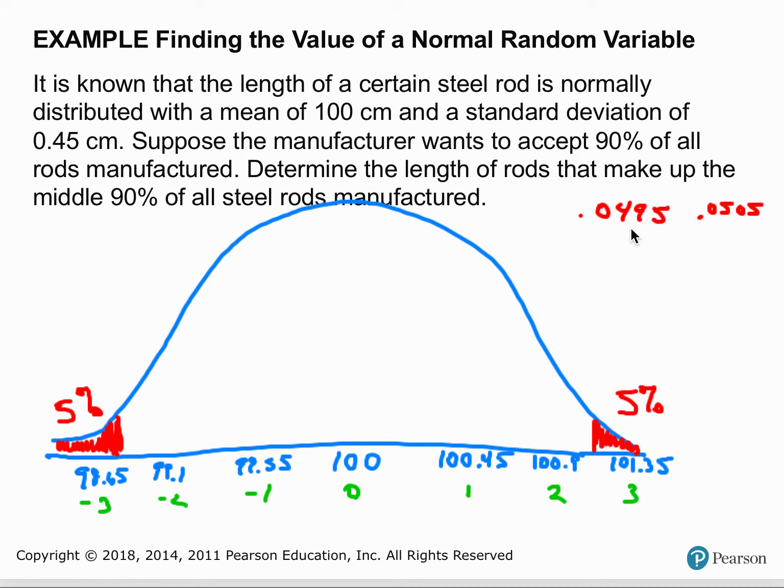Okay, so 0.0495 corresponds to a z-score negative 1.65, and 0.0505 to negative 1.64. All right, so I'm going to go halfway in between there. All right, so I'm going to add them up.